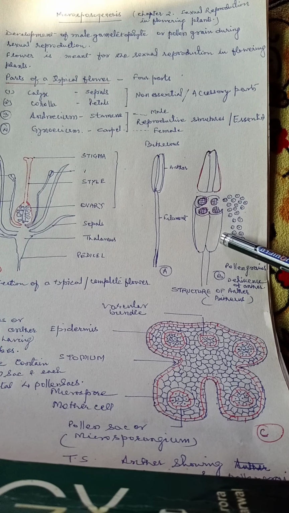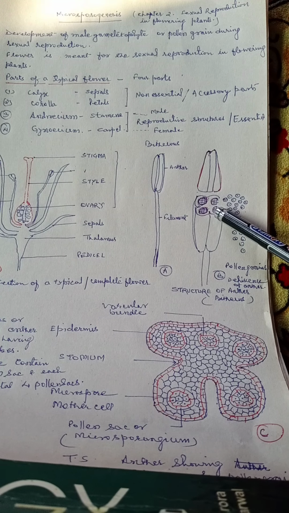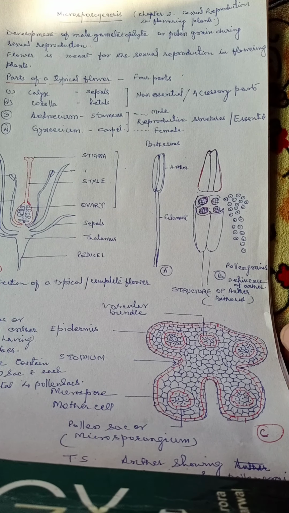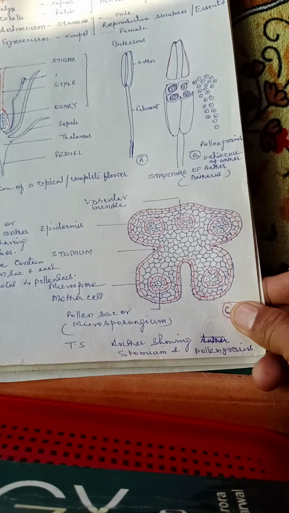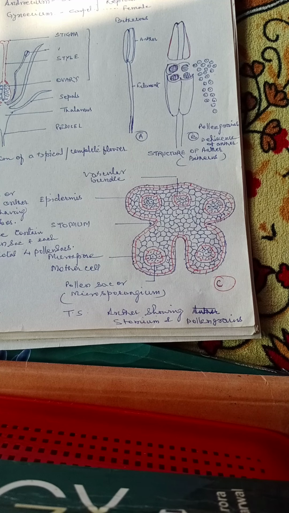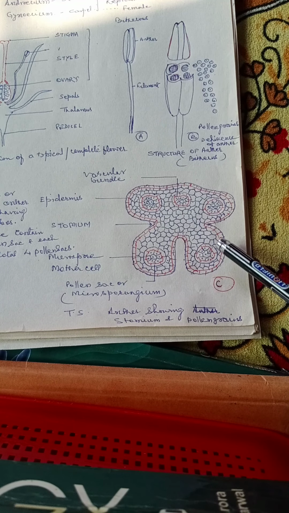This is the internal structure of a part of the anther showing liberation and release of pollen grains. This next structure is the transverse section of anther.